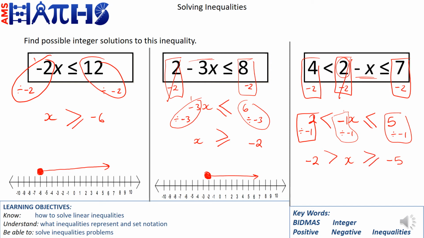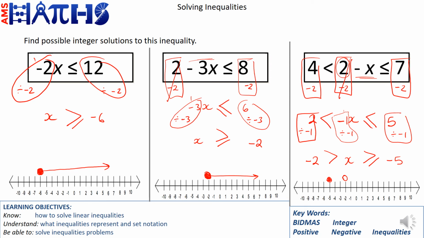And so we're going to show that on our number line. So we will identify where minus 2 is and where minus 5 is. Then the minus 5 needs to be shaded because x needs to be greater than or equal to minus 5.